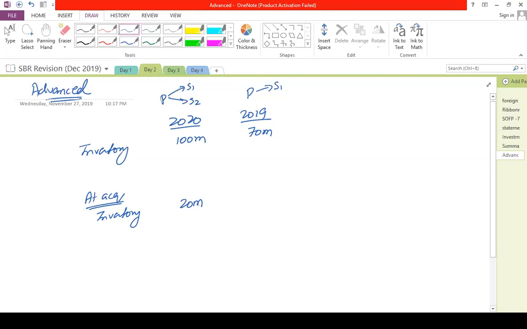So in 2019, we had an inventory of 70. In 2020, we have an inventory of 100. But during the year, we acquired a new subsidiary with an inventory of 20. Now, what do you think the value should be of the increase or decrease in the inventory? Should it be 30, 10, or 50?